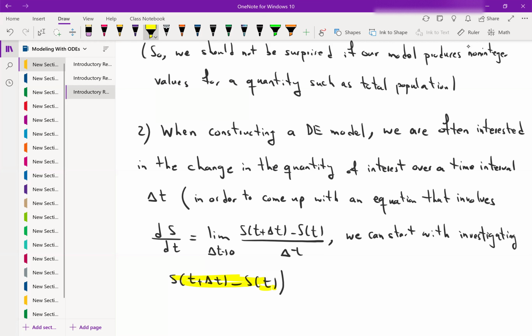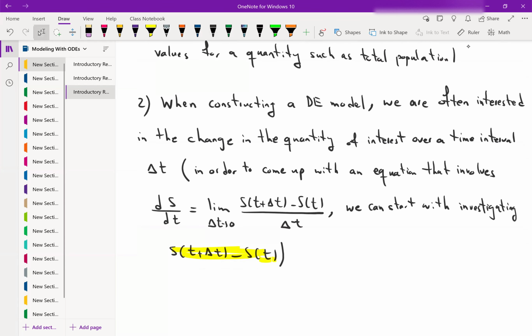But this is a quantity that usually gives us good information in order to construct a model that involves the derivative of S. Remember, the job here is to construct a model that involves the derivative of the unknown quantity, the quantity of interest. That is an ODE model, right? Okay, now keep that in mind.